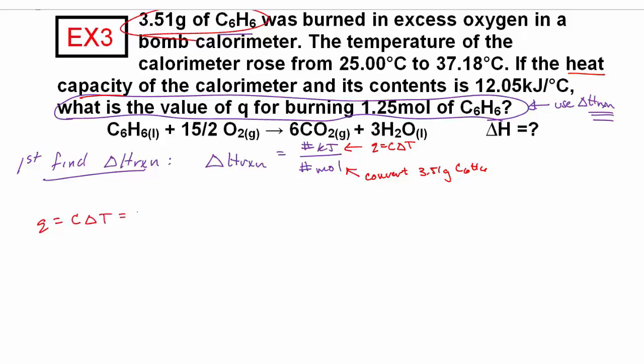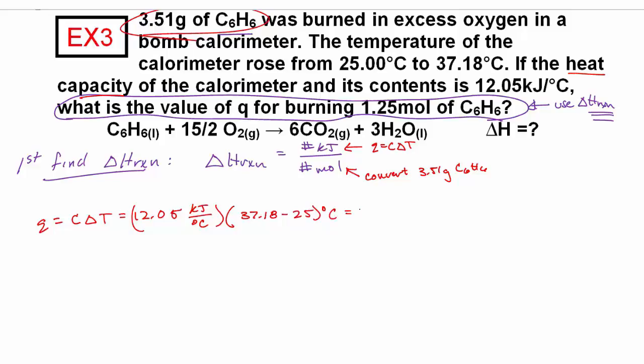And that C is 12.05 kilojoules per degree Celsius times the change in temperature, final minus initial. Final is 37.18. Initial was 25.